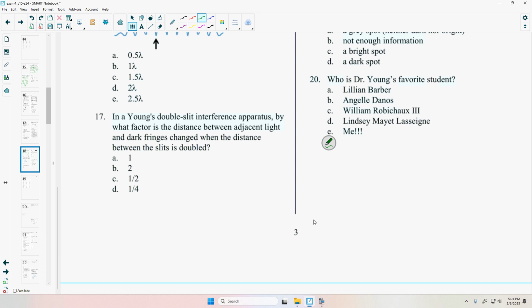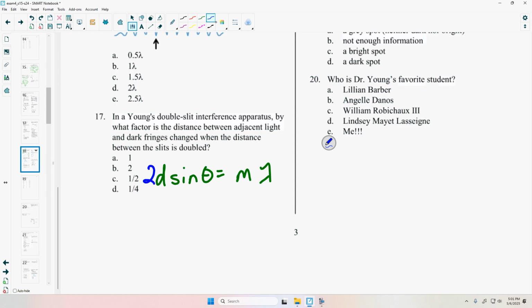Yeah, so d sine theta, for double slit, is equal to m times lambda. What I'm doing is doubling the distance between the slits. That means that I'm doing a factor of 2 here.